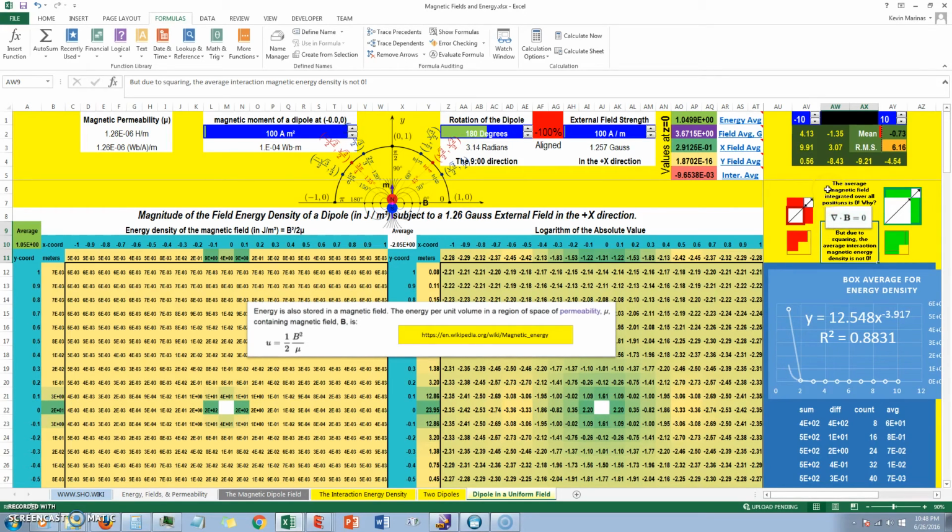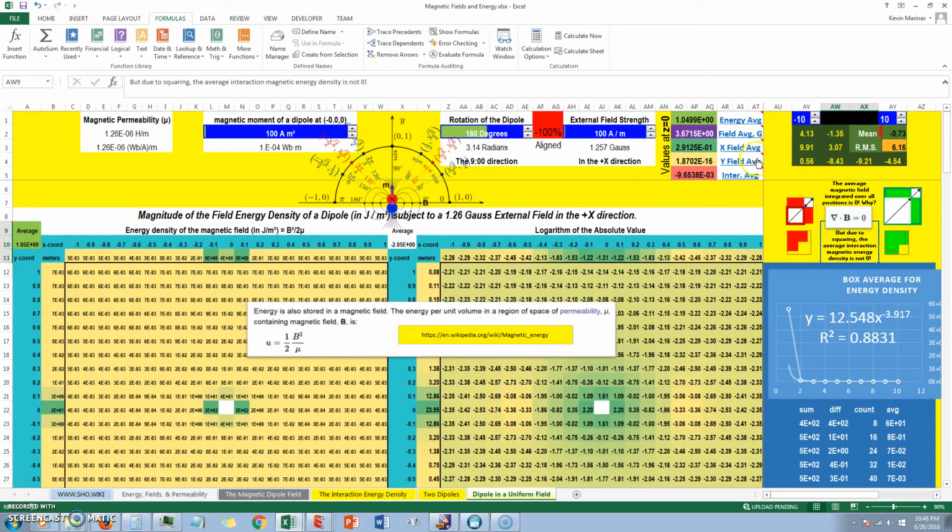Every line of flux that goes to the left is going to have a return path. So the right cancels the left, the up cancels the down, the forward cancels the back. So technically, all of the left fields and the right fields cancel.